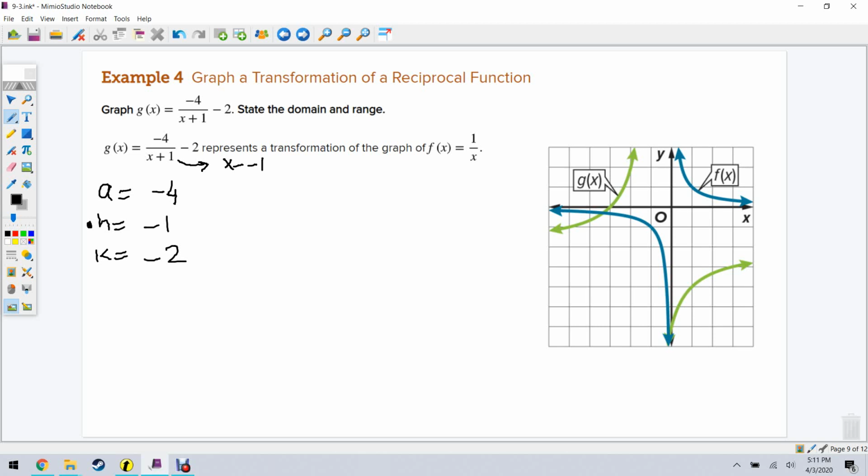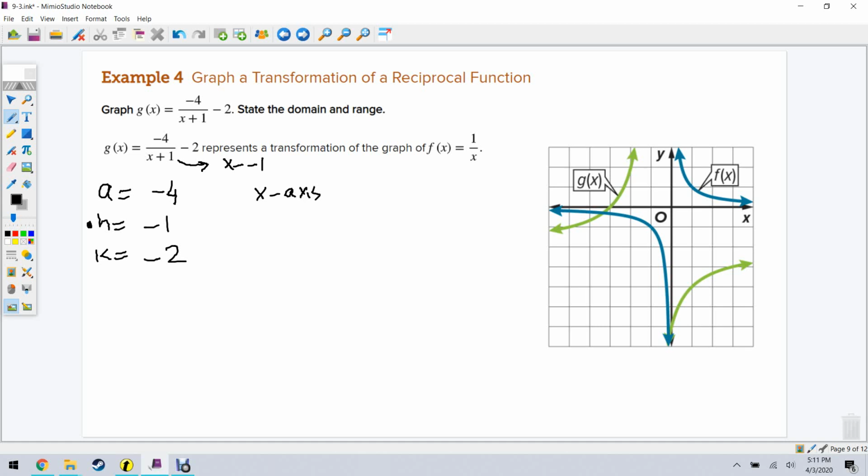Okay, so I'm going to read the sentence here on page 471. The graph is reflected in the x-axis because of the negative sign and stretched vertically. So what you will write there is x-axis.